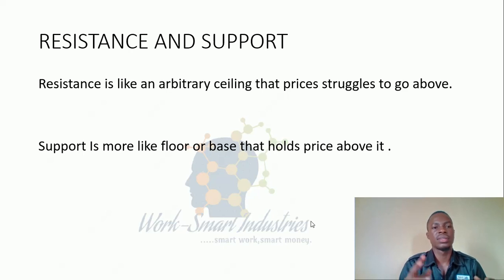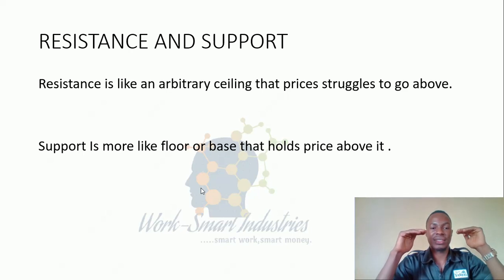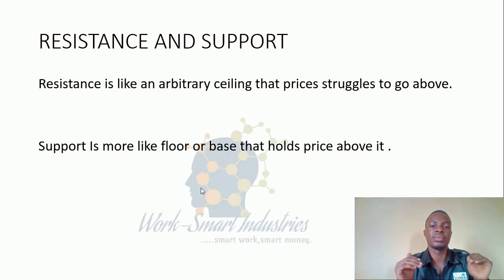All this information, trends, uptrend, downtrend, resistance and support, are all in the chart. So resistance is like an arbitrary ceiling that price struggles to go above. As the name implies, resistance is like a point that price is finding it difficult to break. So it's like an arbitrary ceiling that prevents price from going above this point.